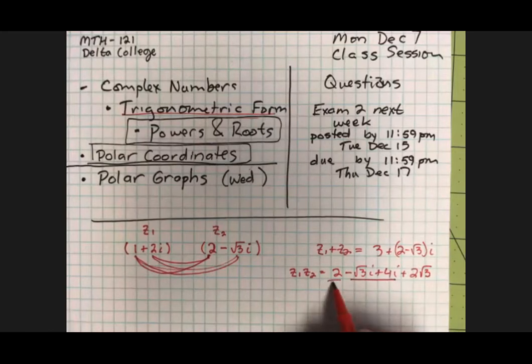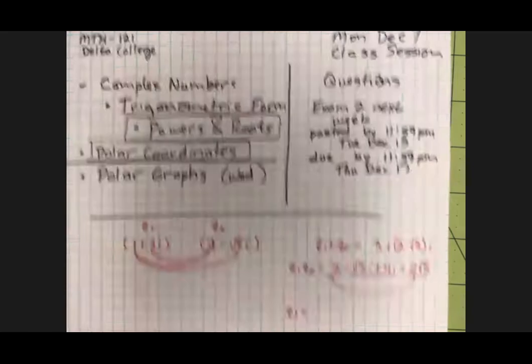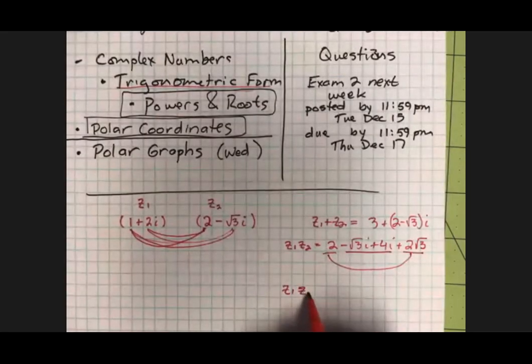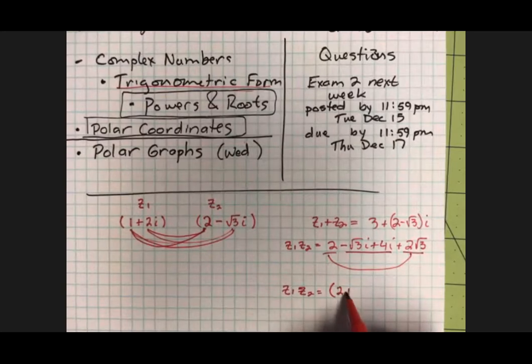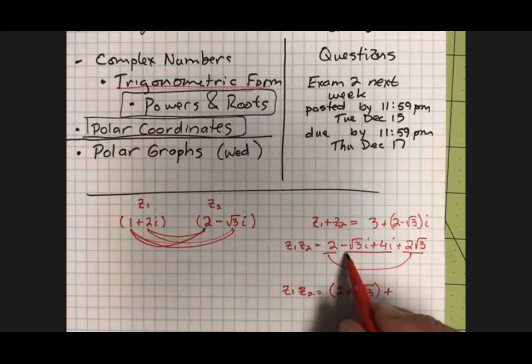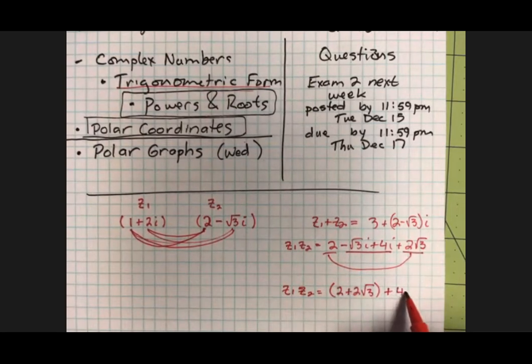Then those pieces belong together, and those pieces belong together. So when I put those pieces together, I get a funny thing in the real slot here: 2 plus 2 root 3, plus I get a funny thing in the imaginary slot too: 4 minus root 3.